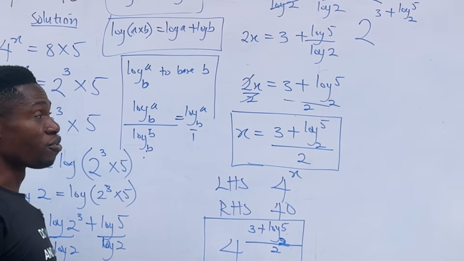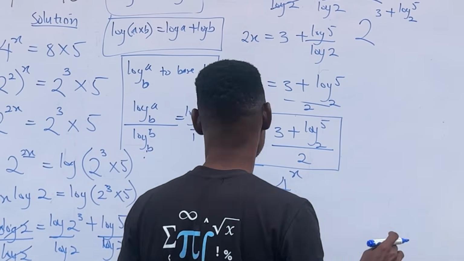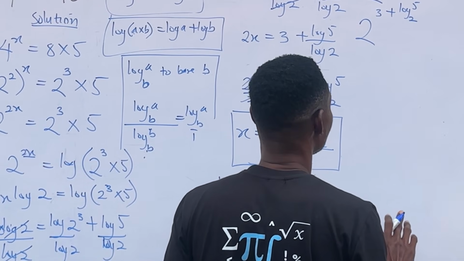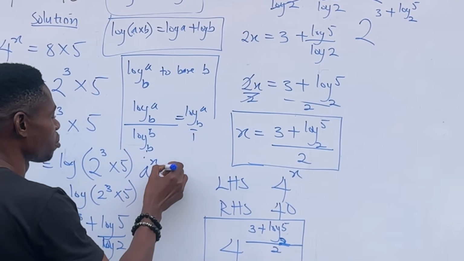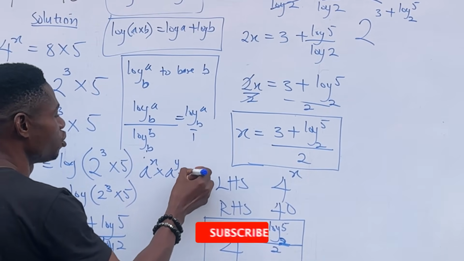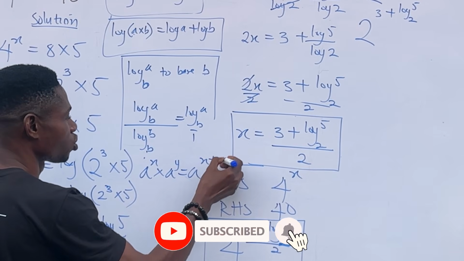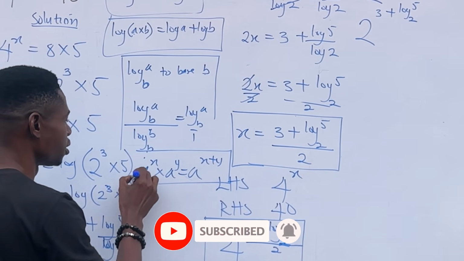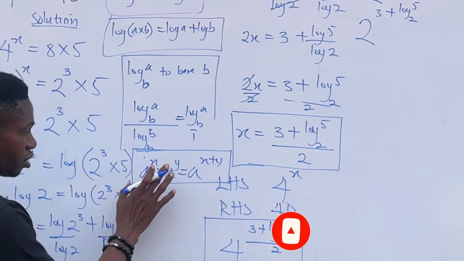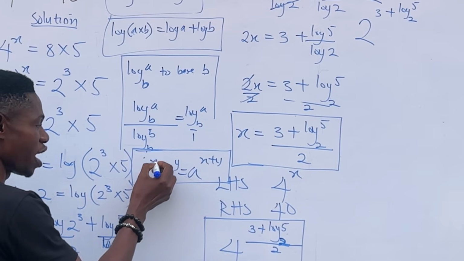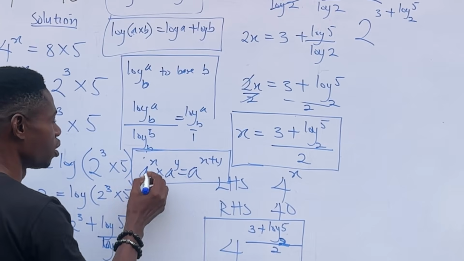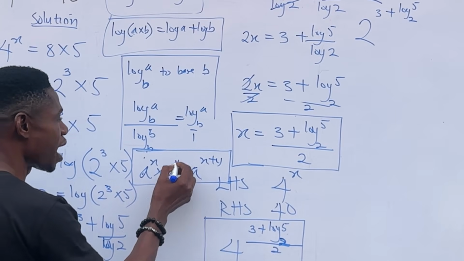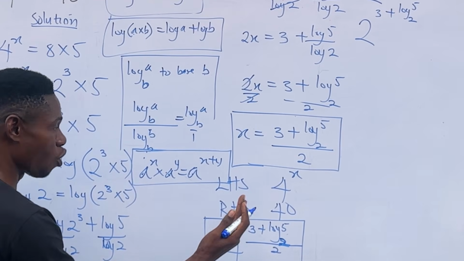Now remember our first law of indices. It says that if you have a raised to the power x multiplied by a raised to the power y, you pick one a, and you have a raised to the power x plus y. First law of indices, the product law. So you pick the a, you add the powers, and then you can work back.